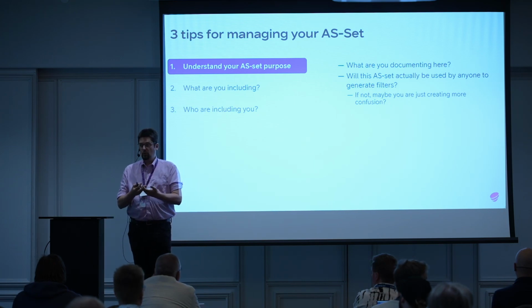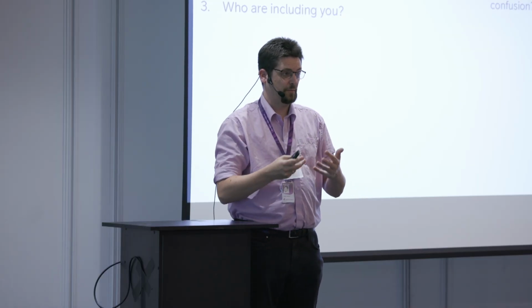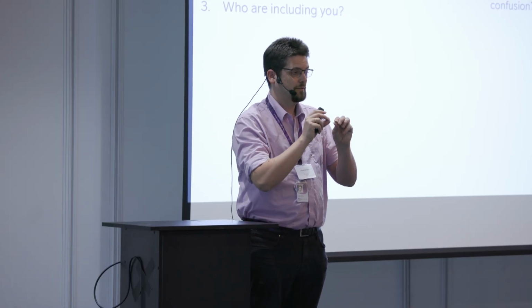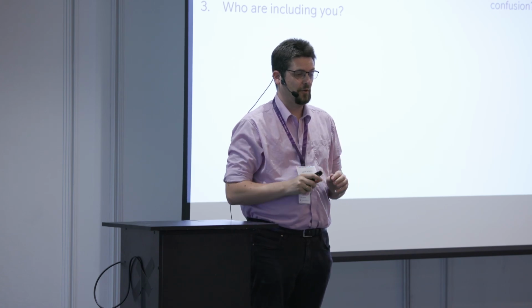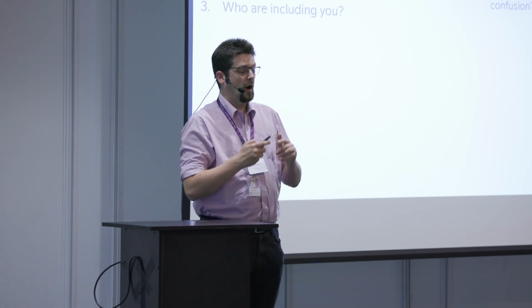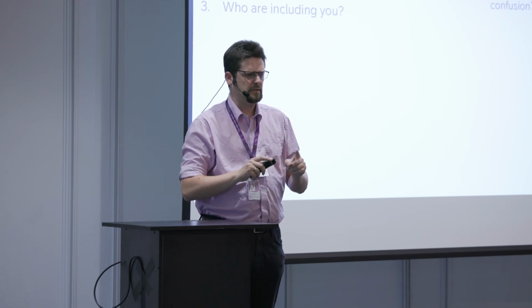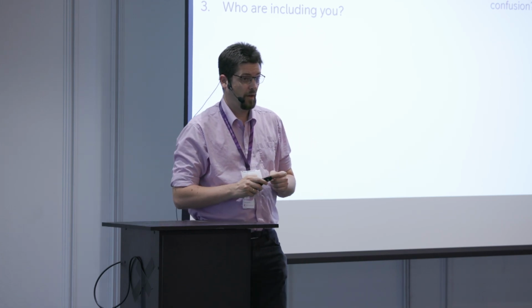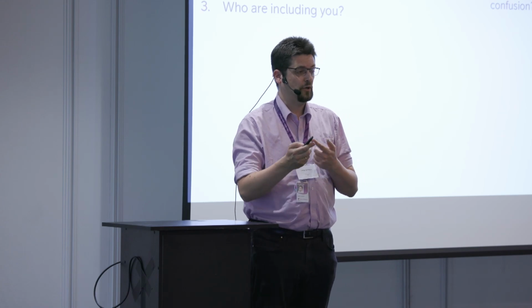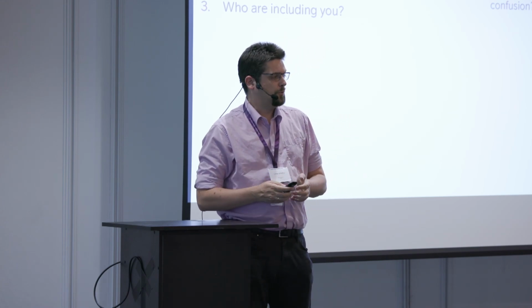Make sure that you know, and preferably if it's not the 90% use case, which is your customer, if it's something else, then please write that specifically as a comment in your AS set, because what I've seen is that a lot of AS sets are confusing these different types and therefore including each other in an inappropriate way.